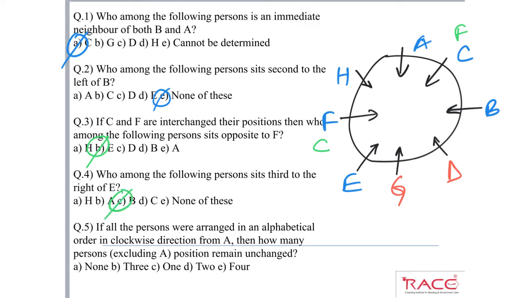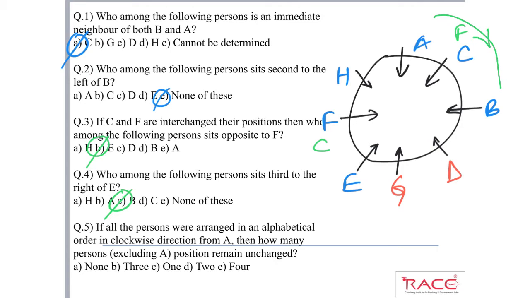And the last question: if all the persons were arranged in alphabetical order in clockwise direction from A, then how many persons, excluding A, do not change their position? Excluding A means we should not consider A. The position of A remains unchanged. So from A, I will write all the persons in alphabetical order in clockwise direction. This direction is clockwise.